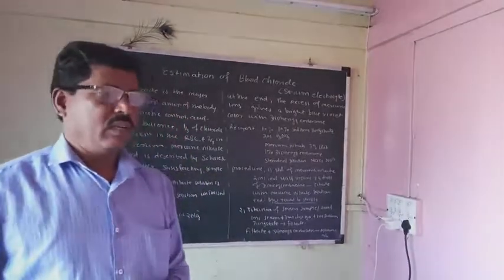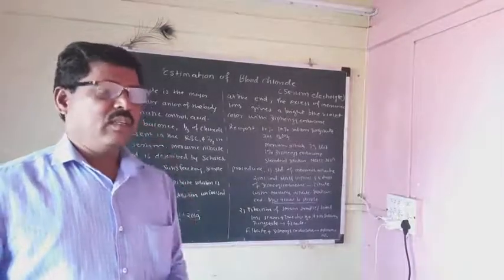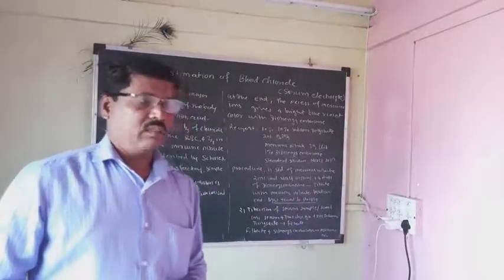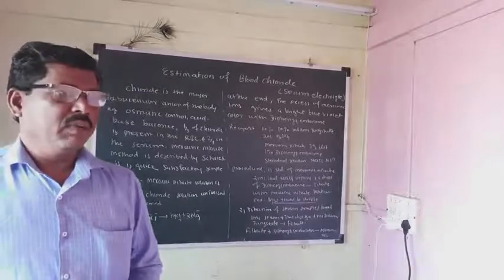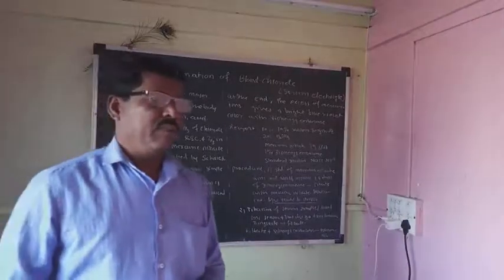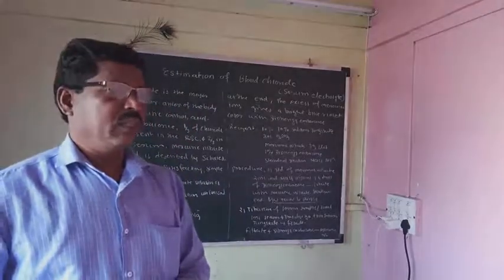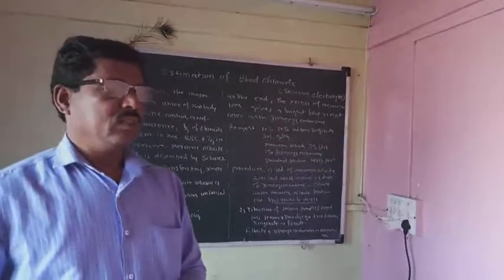Erythrocytes, red blood cells, and leukocytes, the white blood cells, and platelets, thrombocytes. The blood plasma contains 91% to 92% water and 8 to 9% solids.